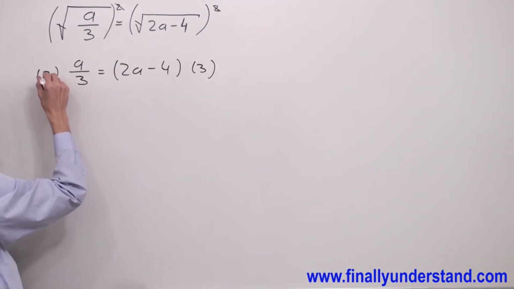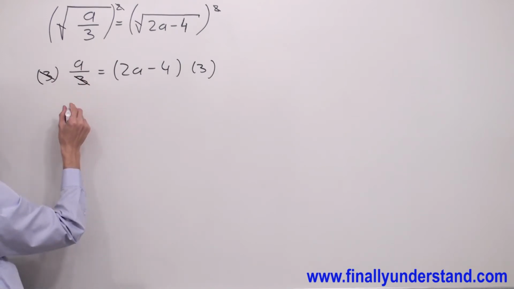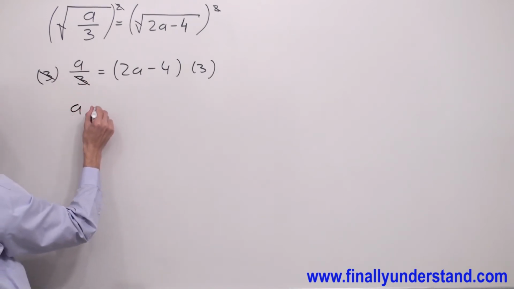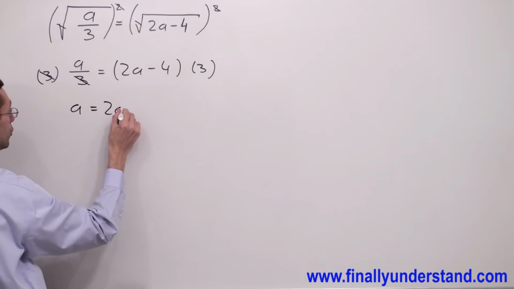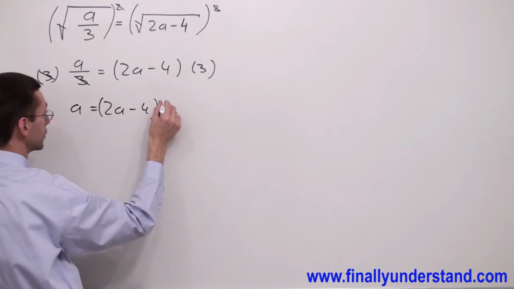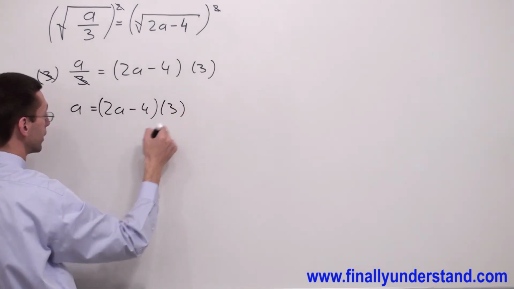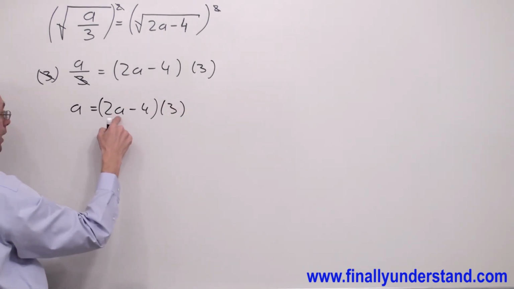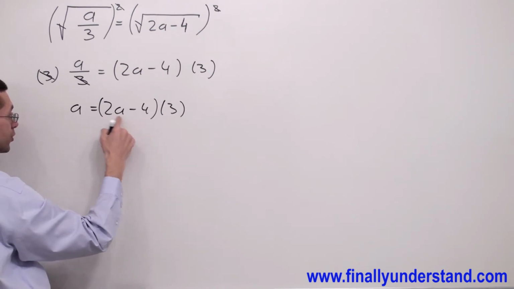3 and 3 will cancel out, and I have a equals 2a minus 4 times 3. I have one of the a's inside of the parentheses. I have to eliminate these parentheses.